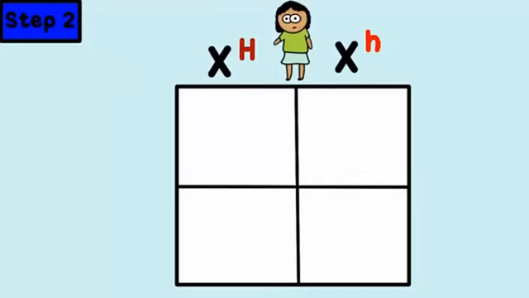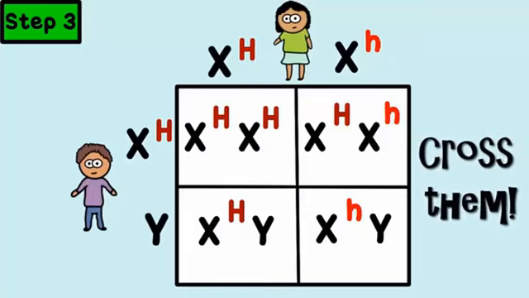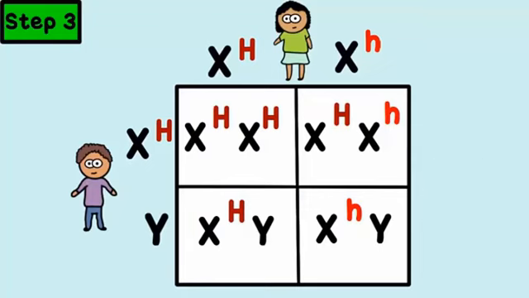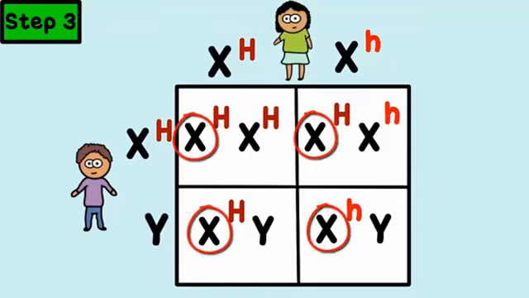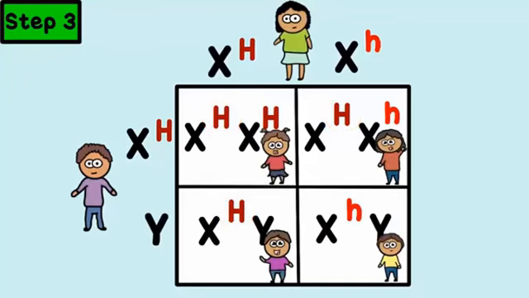Step 2. Place one parent on the top, outside of the square like this, and place the other parent on the left, outside of the square like this. Step 3. Cross them. For formatting purposes, place X chromosomes before Y, and you also write any sex chromosomes with dominant letters first. The results you get in the squares would be the offspring, the babies.